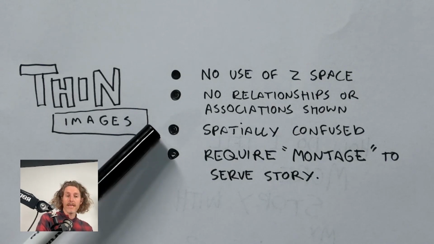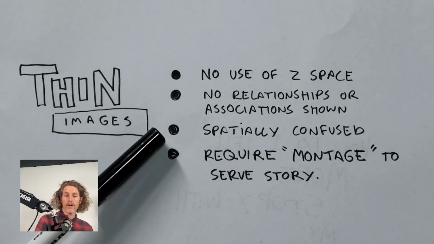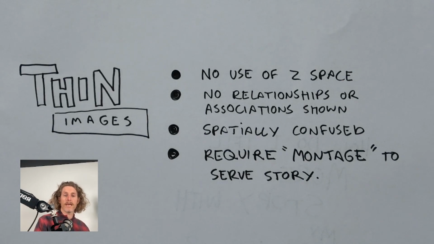They can often lead to spatially confused stories. So often you'll see thin images used in cinematic storytelling in scenes that are supposed to be spatially confused, like a chaotic battle scene, or perhaps a moment of psychosis, or dreamlike sort of unmooring from real space.